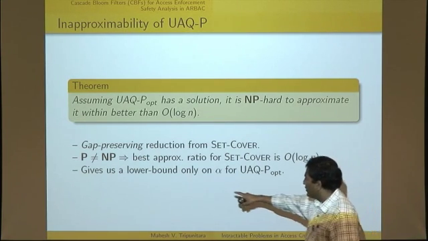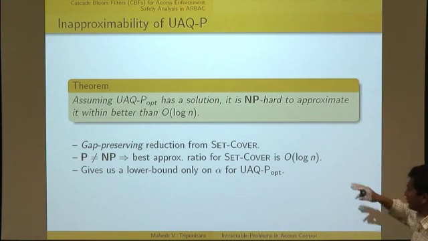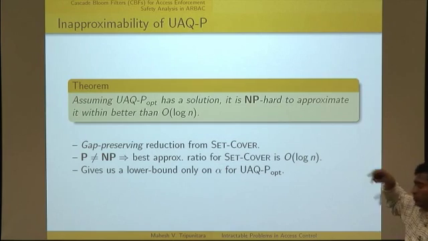Now the thing to point out is that this is only a lower bound, right? So we don't have an upper bound for UAQ-P opt. So this is a weak inapproximability result, and we don't have a better result, like the lower bound could be worse.